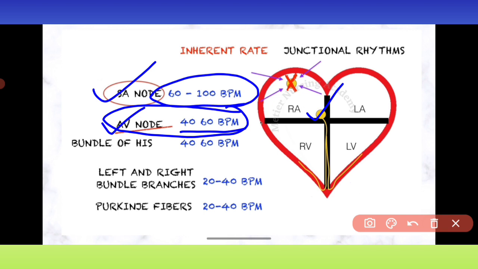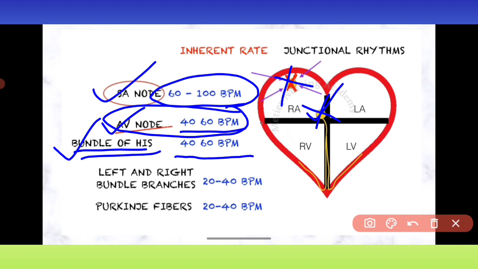Okay, one more thing. If SA node is also not working, AV node is also not working, then what will happen to the heart? Here now the bundle of His will function independently, and the heart rate is going to be 40 to 60 beats per minute.